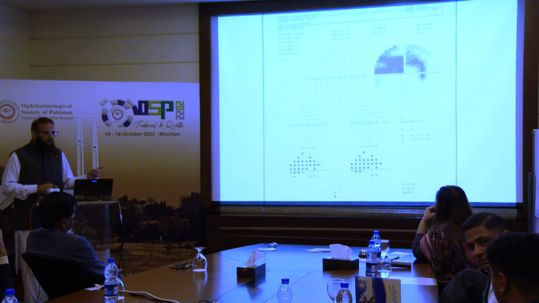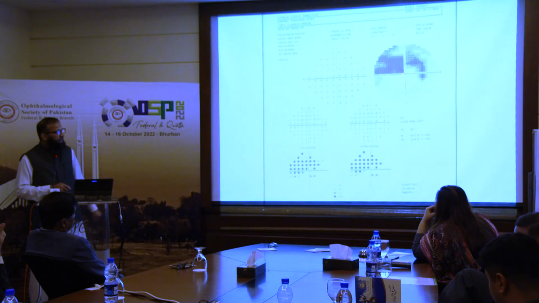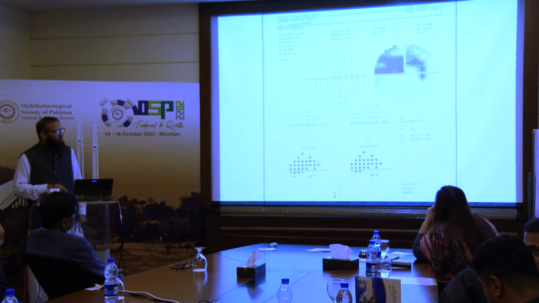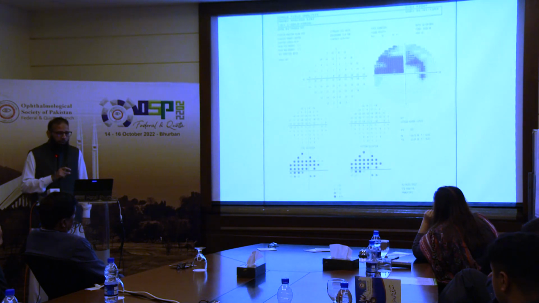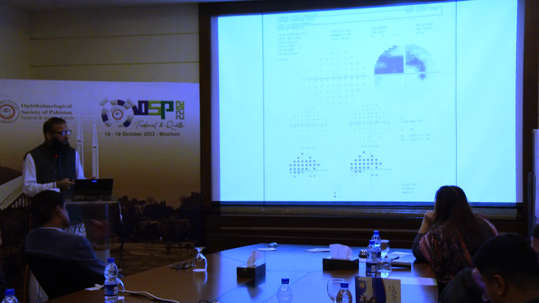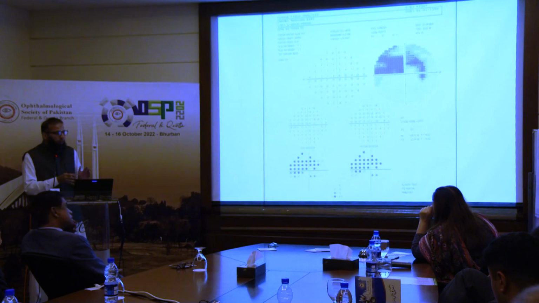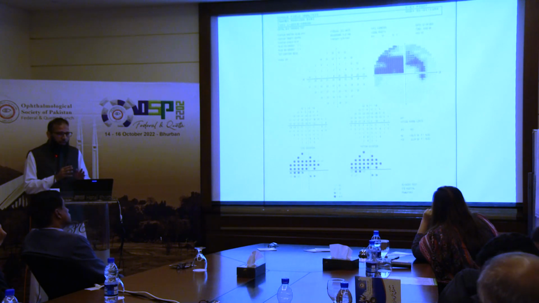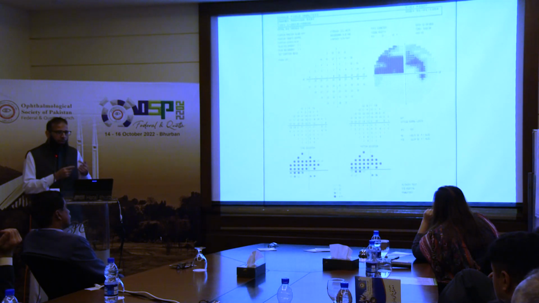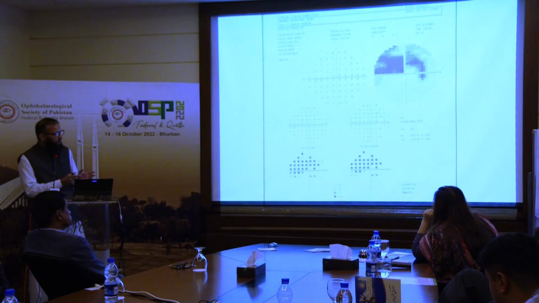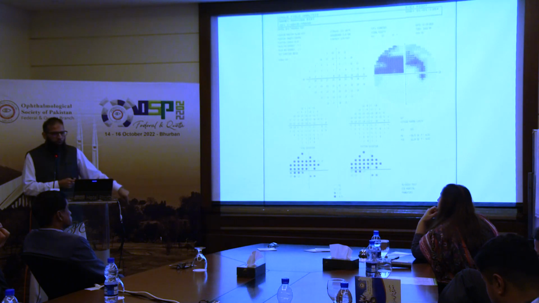Again go back to the disc and confirm whether these results correlate with your own clinical findings, with the clinical look of the disc or the OCT. If these are not corresponding to each other, then there is something wrong either with your own assessment of the clinical picture of the disc, or something is wrong with the visual field test.